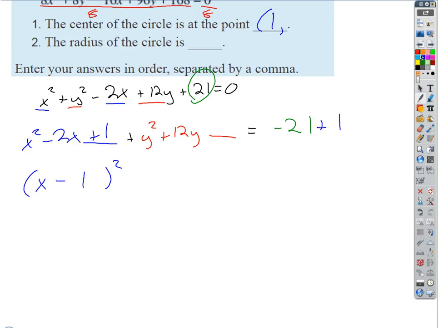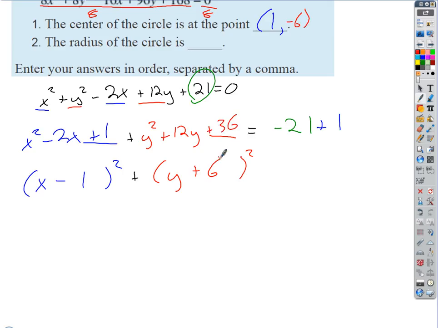And let's see here. For the y's, half of 12 is 6. So we can see that the value of k is negative 6.